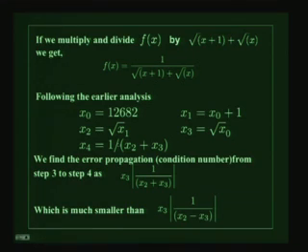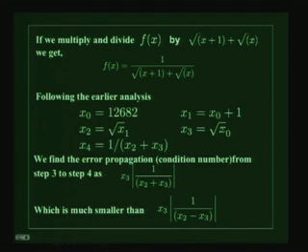We had x equal to x0 as some large number, 12682, and then we had to compute root of x plus 1. So x1 is x0 plus 1, and then we had root of x1, and then another step which is root of x0, and then we subtracted these two. That's what we had done earlier, root of x1 minus root of x0.